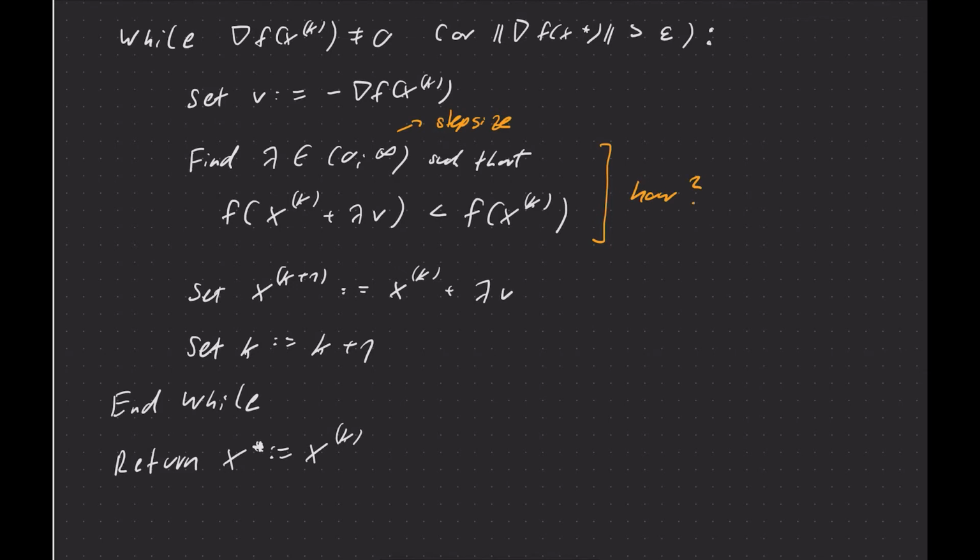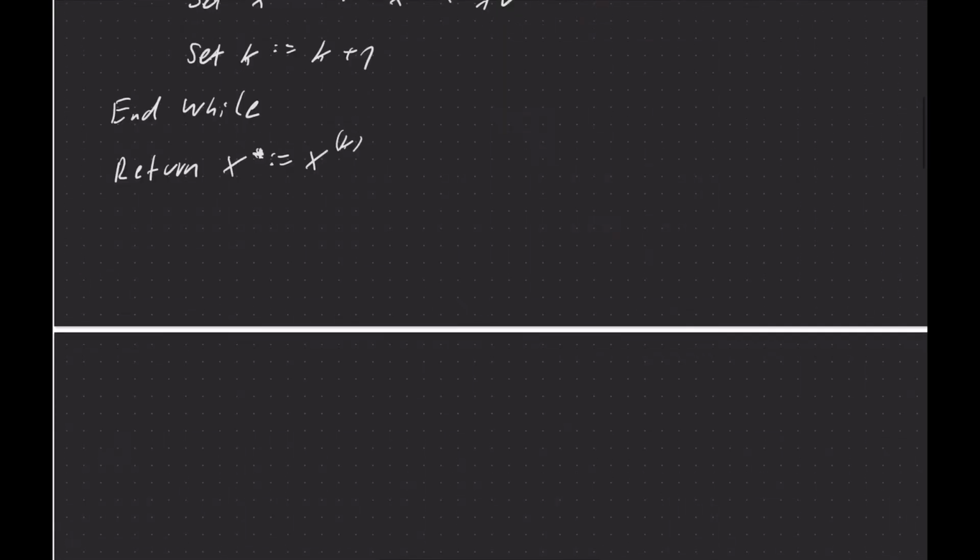How do you make sure that you do not move too far, too fast, so that you actually get a function value that is better than the one that you started with? And basically, I'll present two methods for doing that. So that's the point that is missing from our algorithmic description. That is, how do we choose that lambda value?